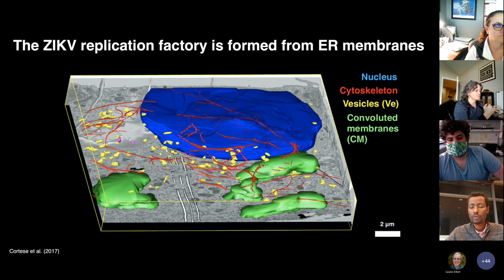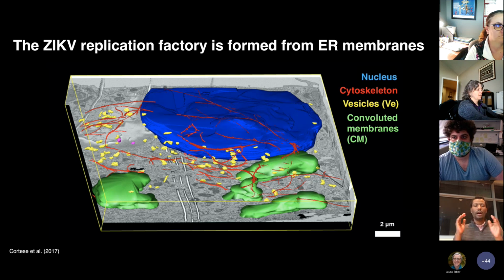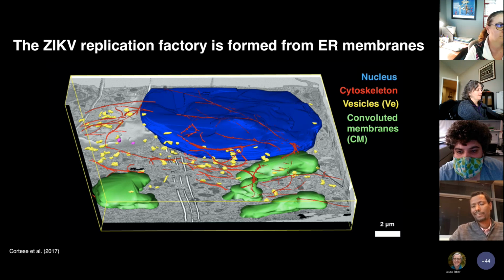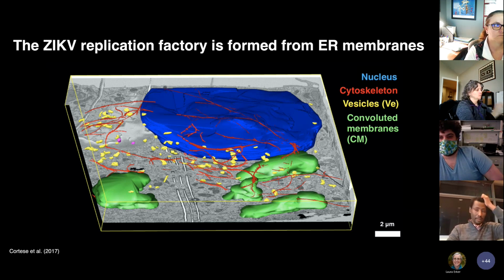And there is one study a few years ago in dengue virus where they individually expressed the different non-structural and structural proteins and measured the ER stress and the autophagic processes.